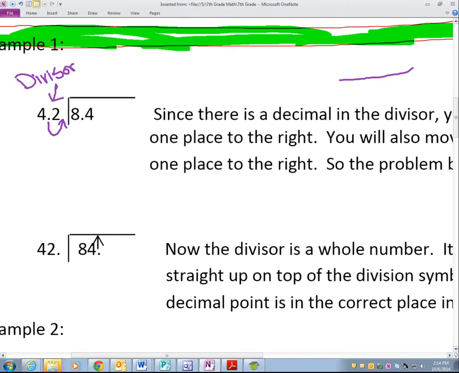And you cannot have the divisor be anything other than a whole number. So it has to be an integer. No decimals, no fractions. And because when twins get one thing, another twin is going to be upset if the other one doesn't, the dividend has to move the decimal place 1 over as well. And this is where that is represented.